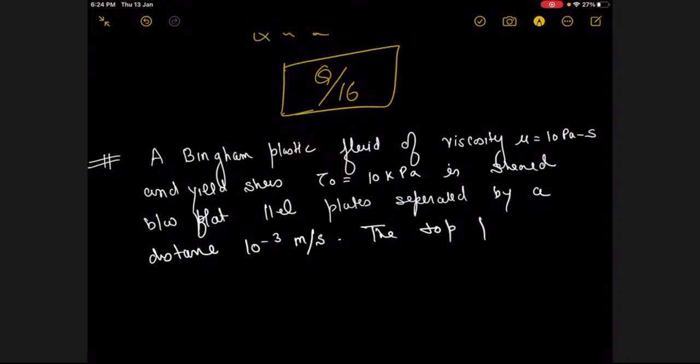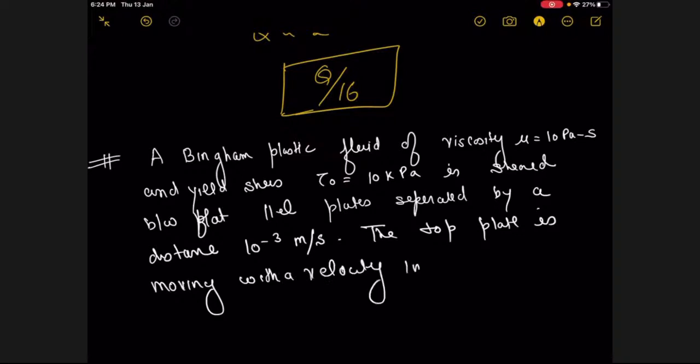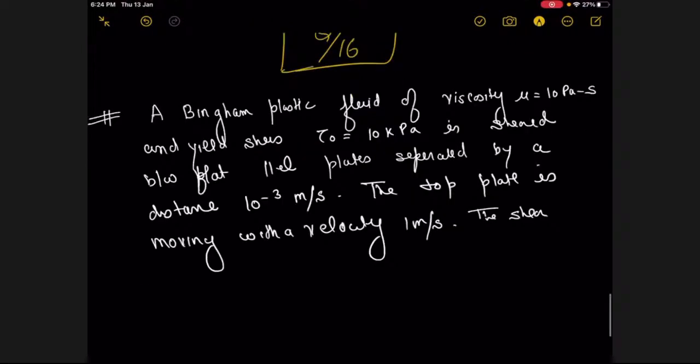The top plate is moving with a velocity 1 meter per second. The shear stress on the plate is?